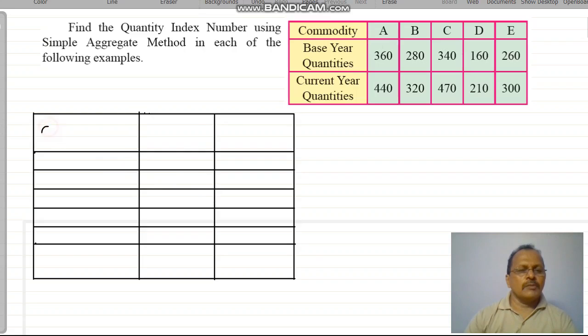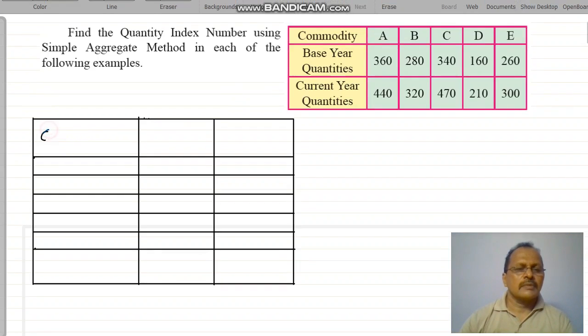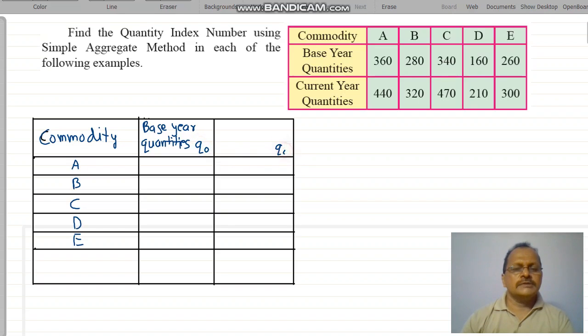First column is for commodity, A, B, C, D, E. Then base year quantities, Q naught, and current year quantities, Q1.